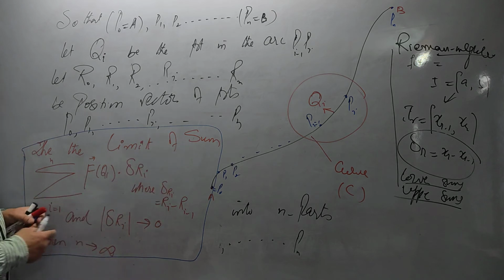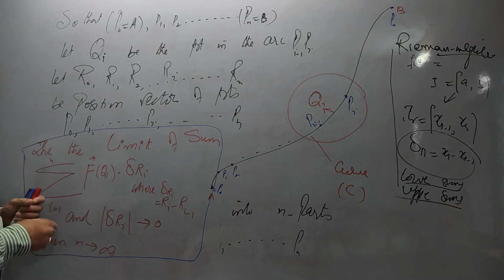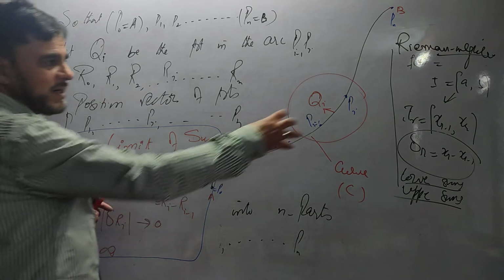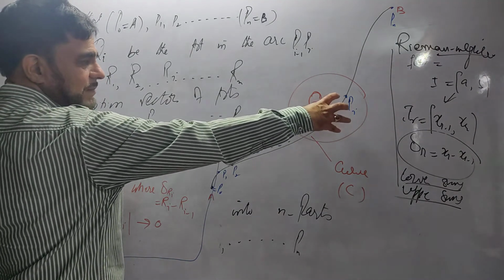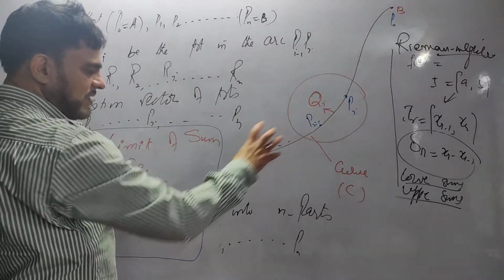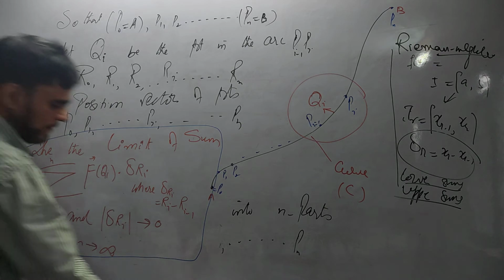If this limit of sum is finite, it exists, then it is defined as what? Line integral of f along the curve C. I have already told you, this is the general point, the general section. This general section gives us the whole sum. It is the sum of these dots.